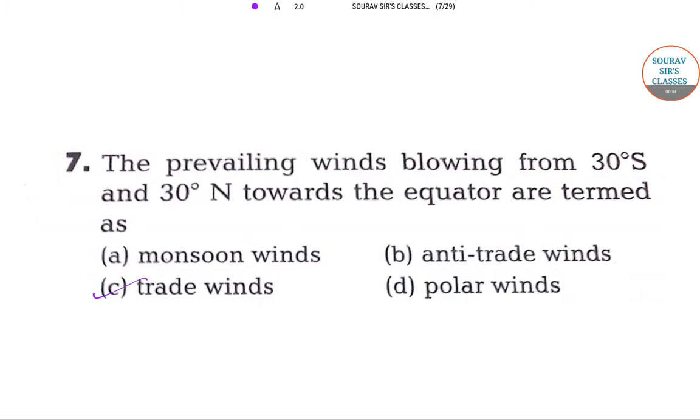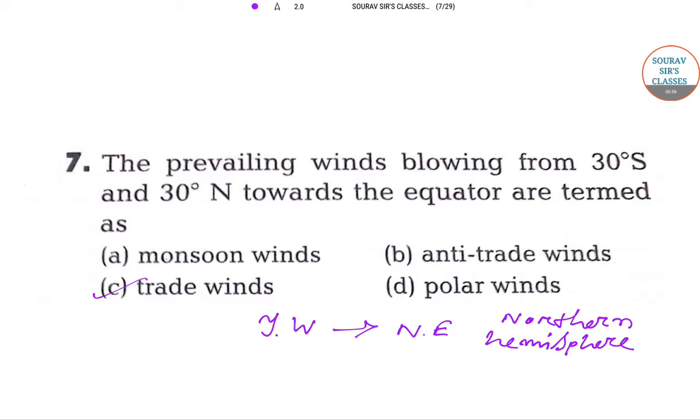So the answer is trade winds, and if I write it, the trade winds, I mention it as TW, blow in the northeast direction in the northern hemisphere, and in the southeasterly direction in the southern hemisphere.